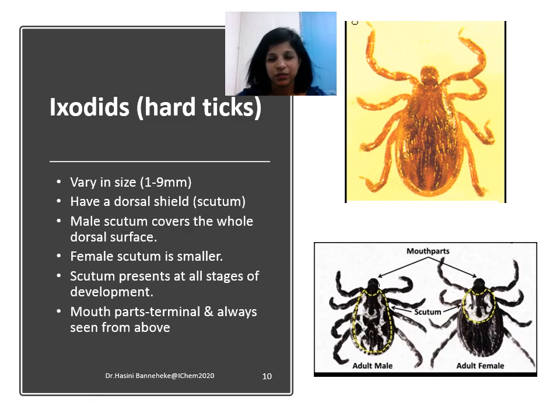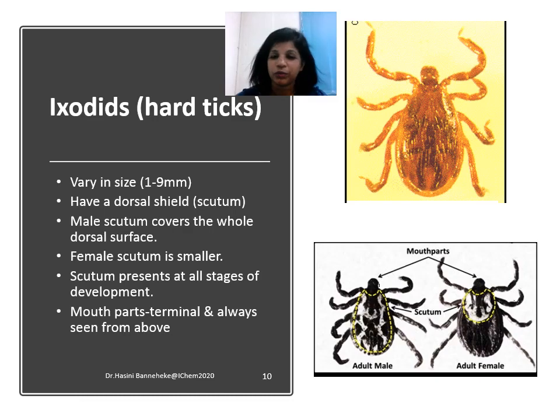So this is the appearance of hard ticks. They are called ixodids and generally vary in size. And I told you the hard ticks have a hardened structure called the scutum. It's like a shield on the dorsal side of their back.